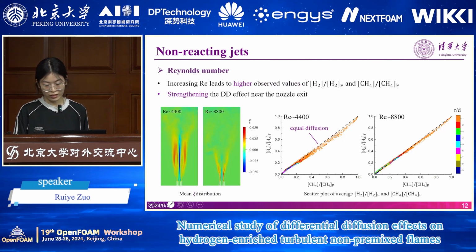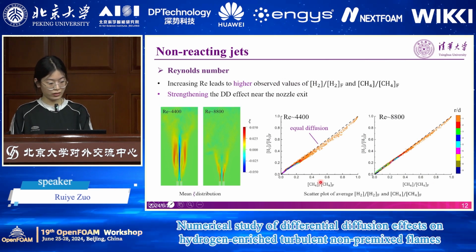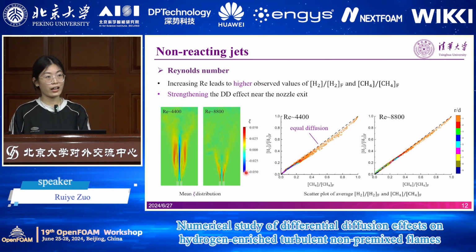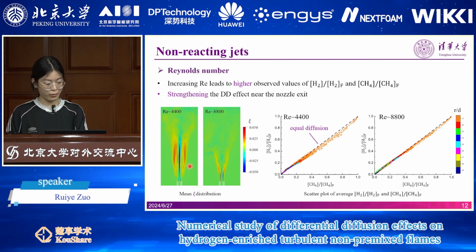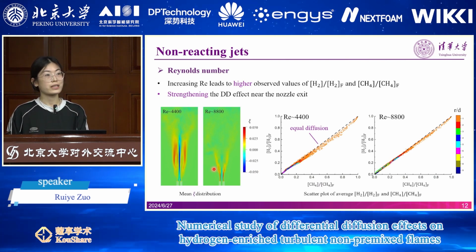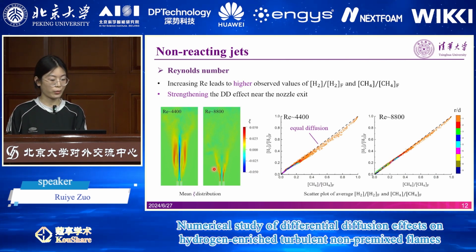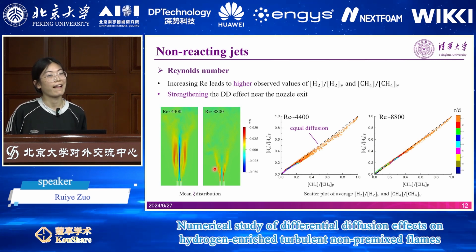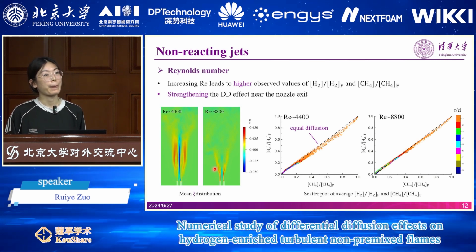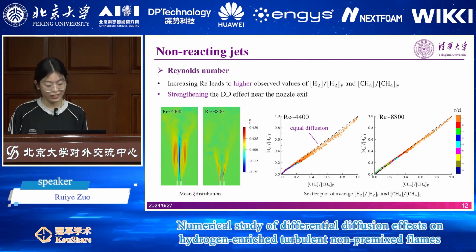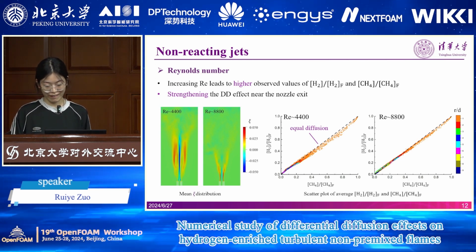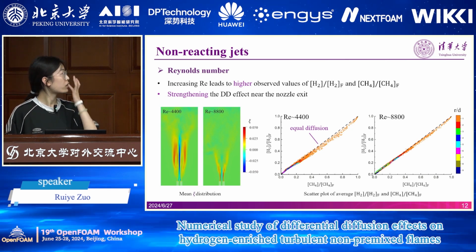Because the high Reynolds number means high velocities, and that means more hydrogen and mass is injected into the computational domain. The mixture fraction is the same, no matter the velocity.